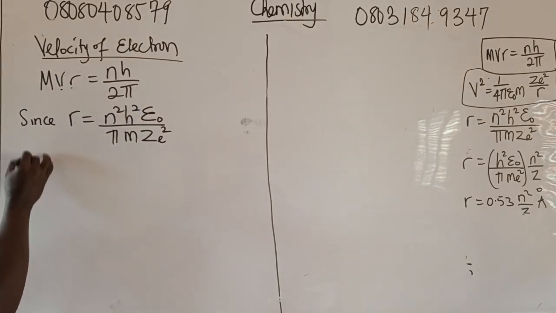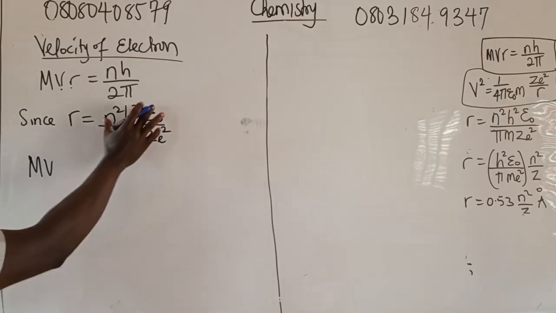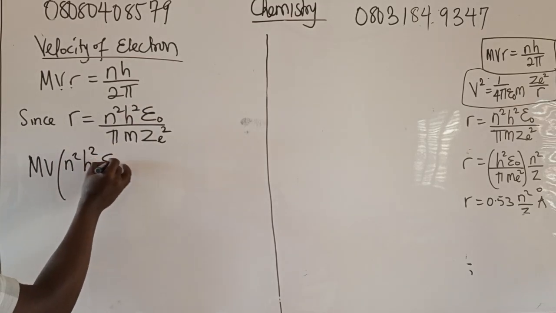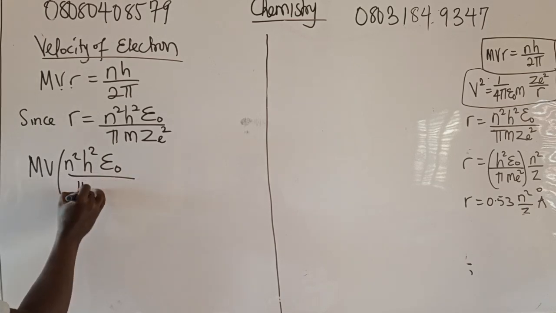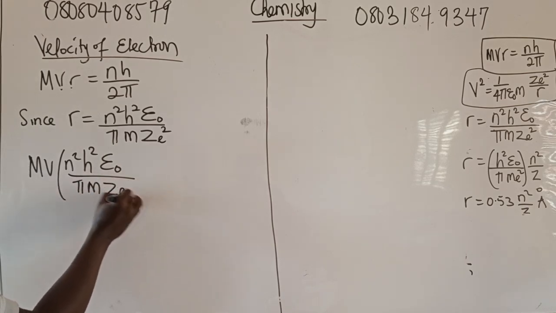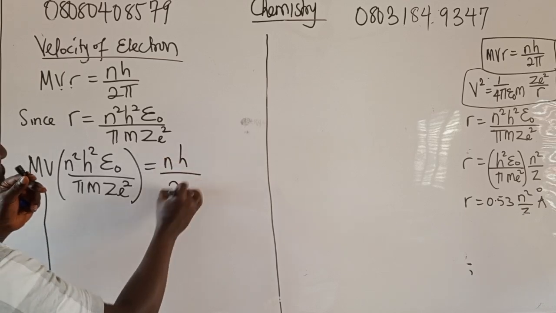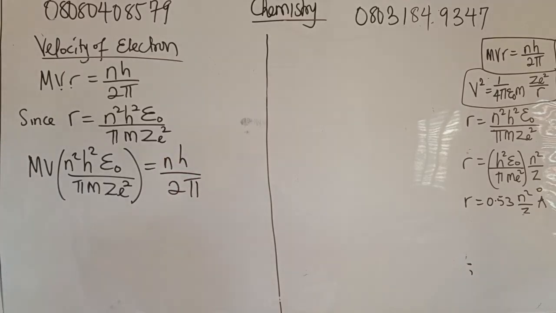Substitute for R in this formula. What will I have? I will have nv times n squared h squared epsilon naught over pi n Z e squared equals nh over 2 pi. From here, what will happen?